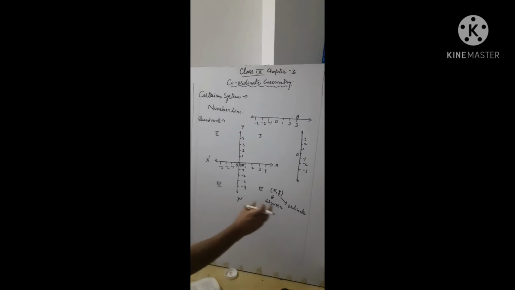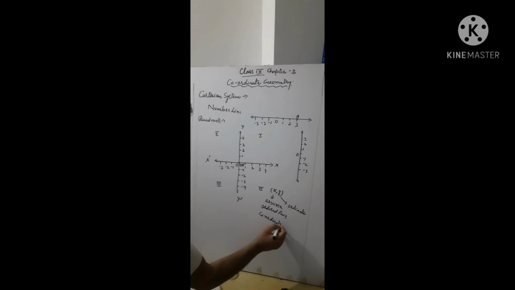And the combination of abscissa and ordinate is called an ordered pair, and this ordered pair is called coordinates. So in this chapter we have to represent numbers on this Cartesian system.